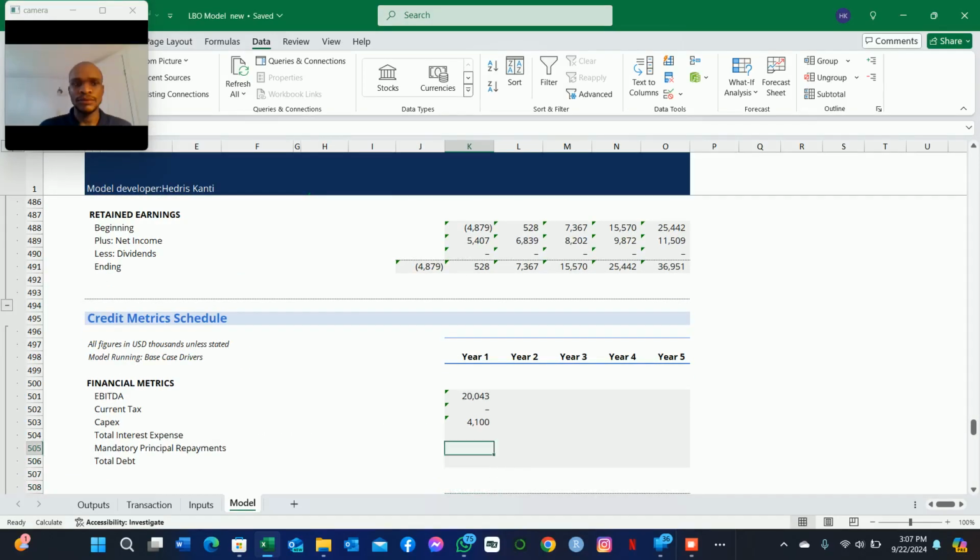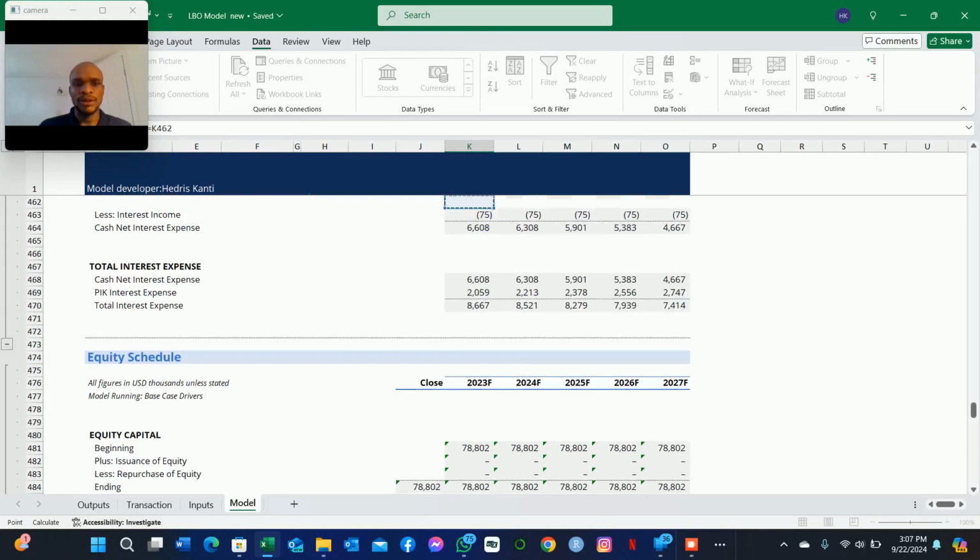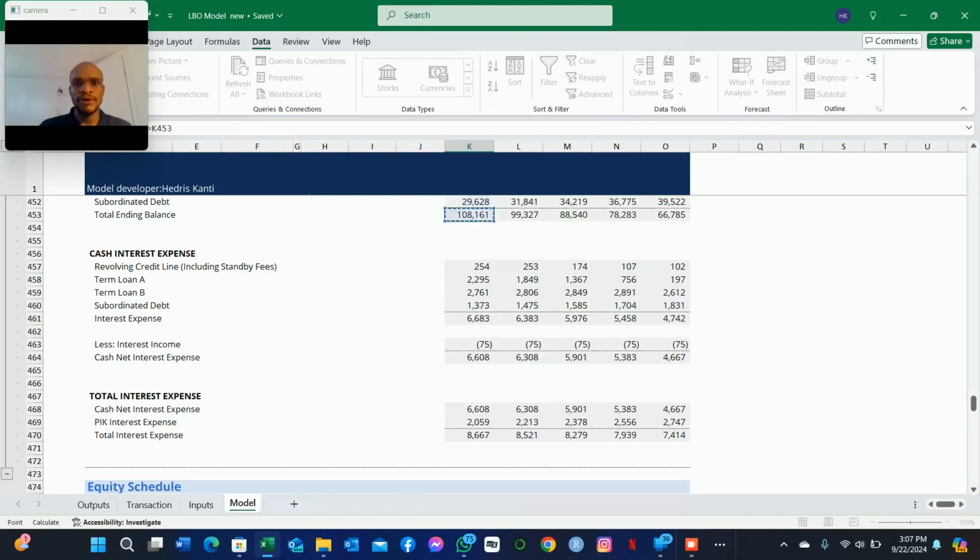We have it there. Going forward, we also want to reference our total interest expense. We have it summarized at the very end after the debt schedules. So total interest expense, we'll reference this amount.